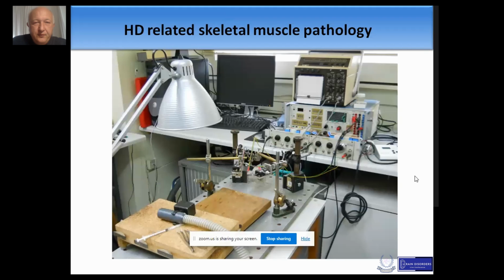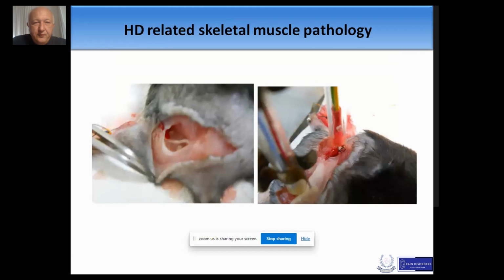We used an impulse to stimulate the mouse, and then a detector to measure the muscle force, the tetanic tension, the muscle twitch, the time it takes to twitch, and the activity of motor units. And this was all done in a living animal, which was fully anesthetized in vivo.